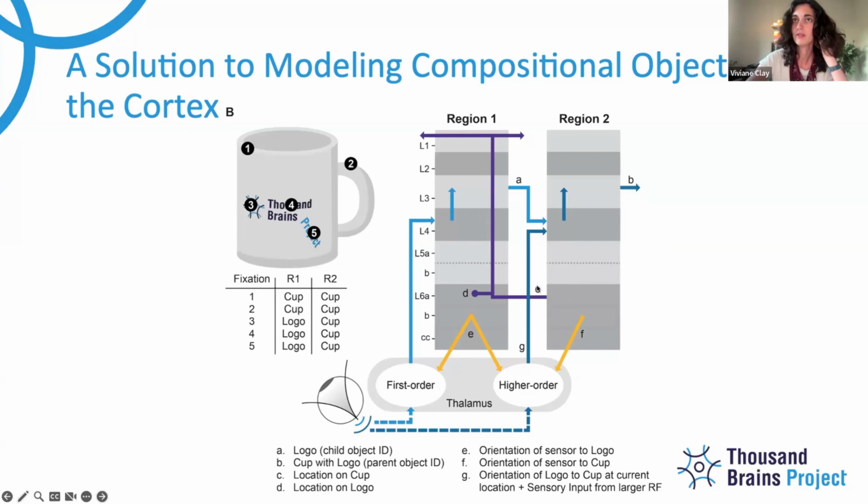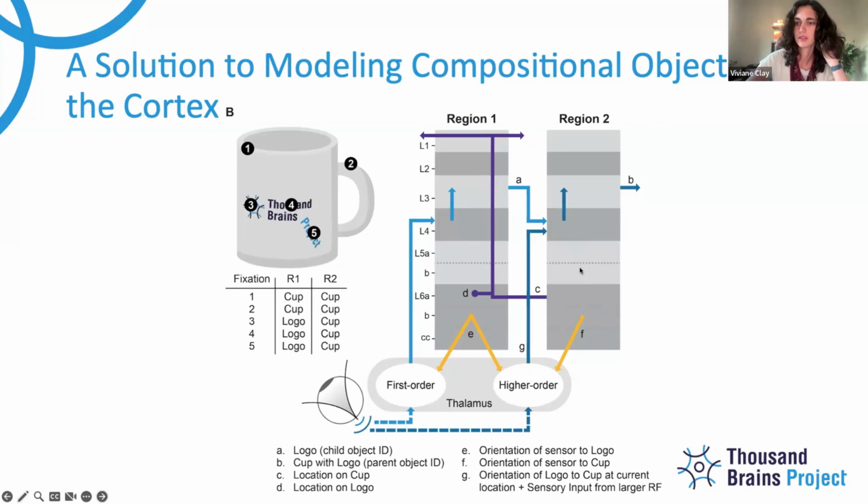And that movement information moves you through the reference frame of the mug up here as the sensor is moving. So that location in the mug's reference frame then gets associated with the logo object ID through those internal associative connections.